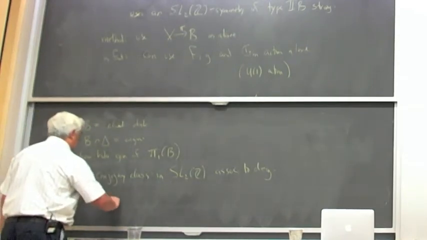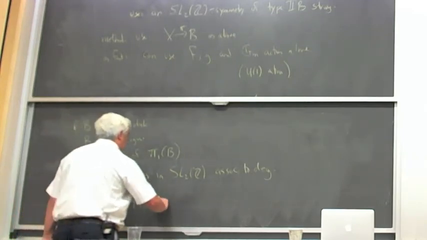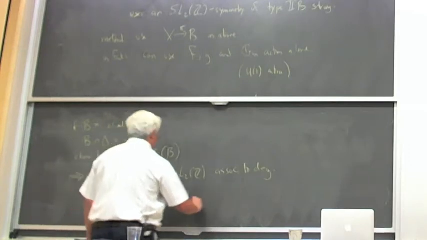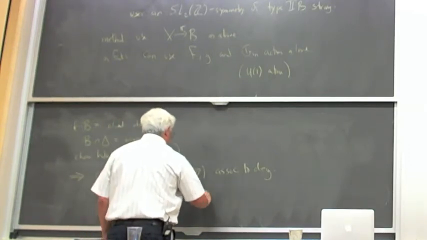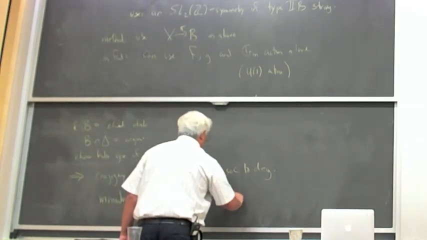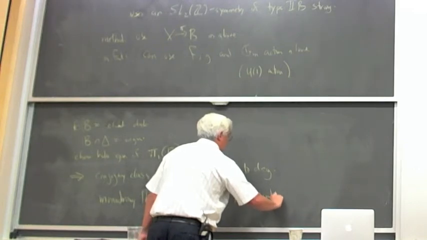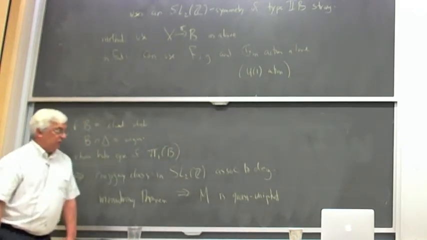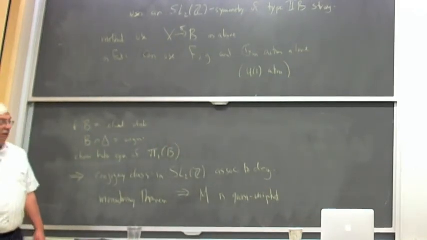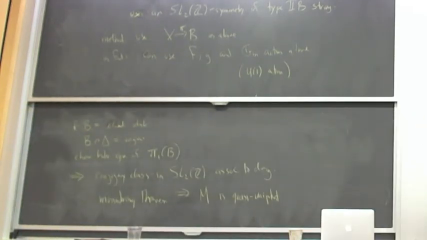So the monodromy theorem in Hodge theory implies that this monodromy matrix, which I'm going to call M, is quasi-unipotent, and that quasi-unipotent classes in SL2Z are known. So here they are.